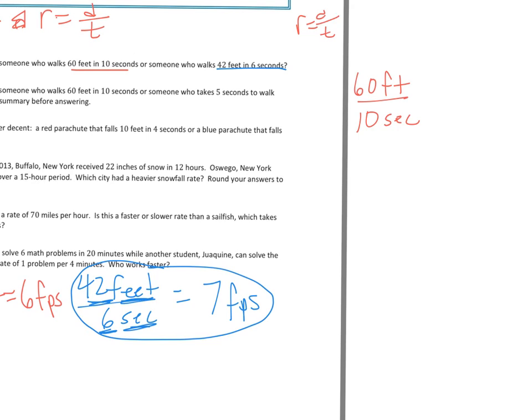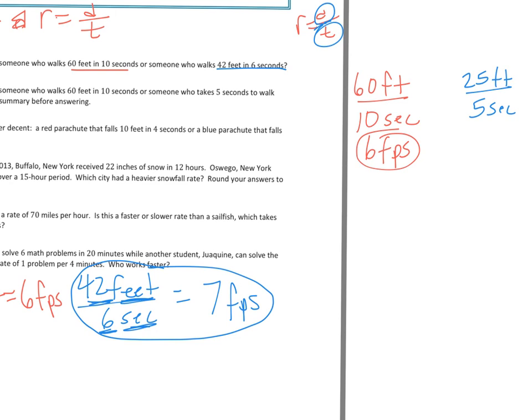For the other one, it says 5 seconds to walk 25 feet. I'm still putting 25 on top and 5 on bottom, because feet is my distance and it has to be on top, and time is in seconds, so that has to be on the bottom. So when I divide these, 60 divided by 10 is still 6 feet per second. That's based on the last question.